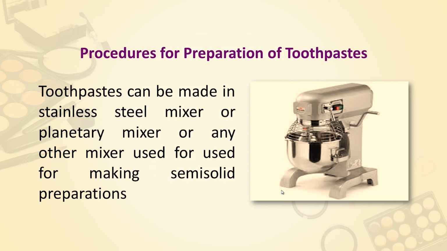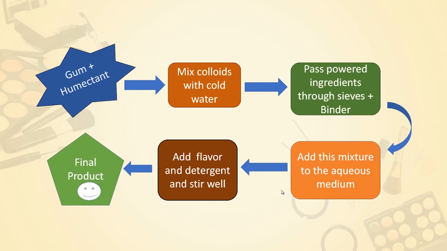This toothpaste can be made in a stainless steel mixer, planetary mixer or any other mixer used for making semi-solid preparations. What you have to do is mix the gum with a suitable quantity of humectant without water. Other colloids like methyl cellulose may be dispersed with cold water, while ethyl cellulose should be mixed in warm water.